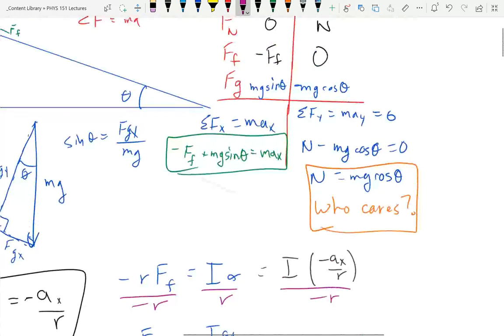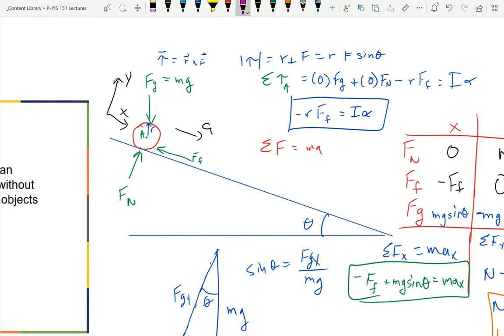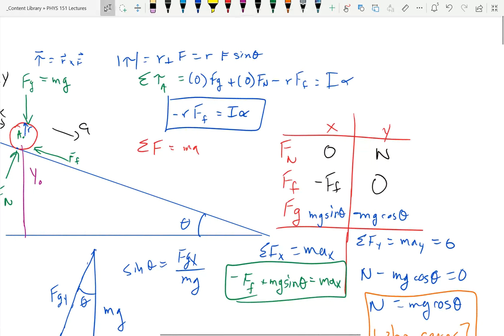What's delta x? Delta x is the distance going down the slope. What variable did we use yesterday? We used y initial. So I'm going to need to relate delta x with y initial if I'm going to compare the two. If y initial is the vertical part of a right triangle and delta x is the hypotenuse, then delta x is y0 over sine theta.